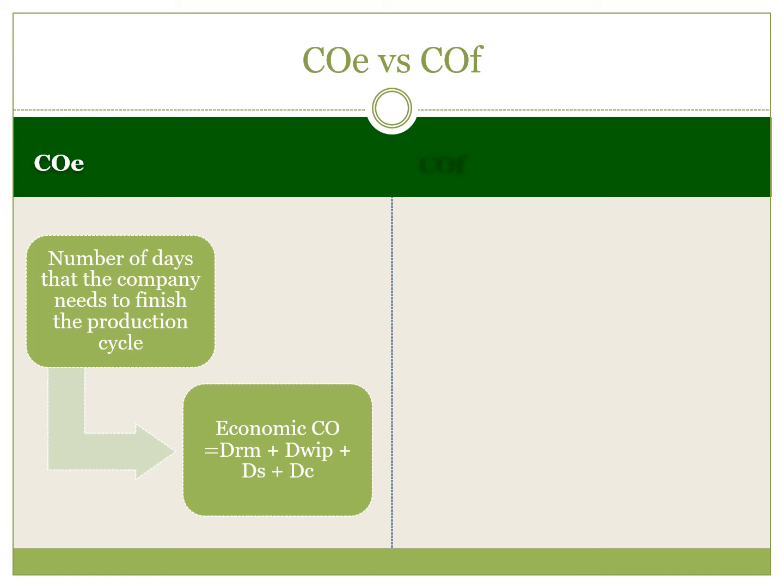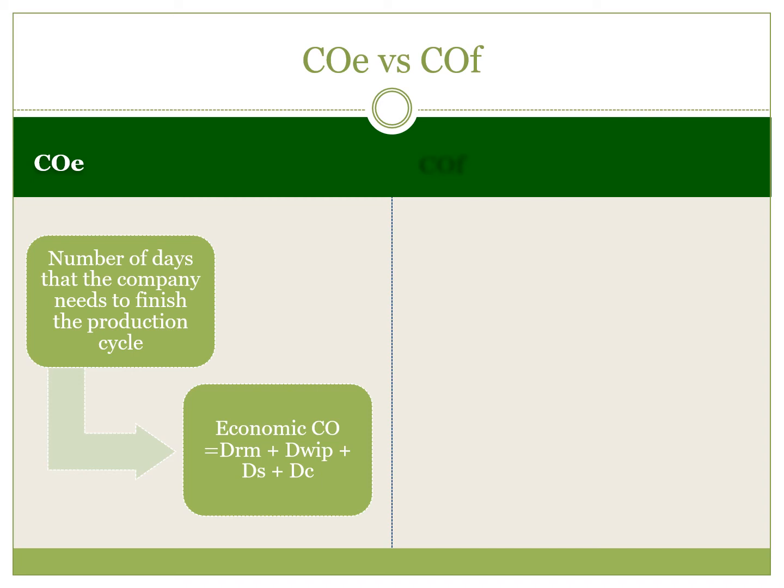We're going to see now the difference between the economic cash operating cycle and the financial cash operating cycle. Let's start with the economic part. The economic cash operating cycle represents the number of days that the company needs to finish the whole production cycle. So as you can see in the formula in the slide, we need to add all the days that are part of this cycle.